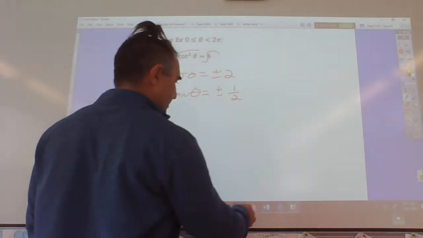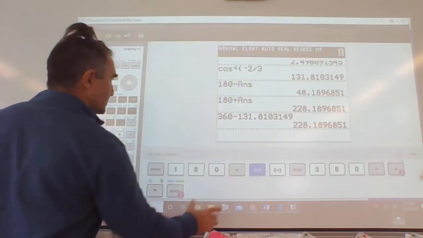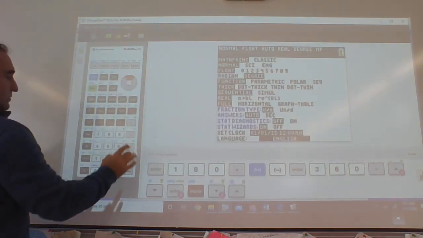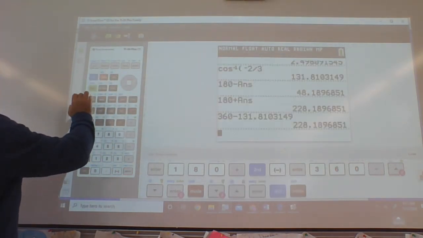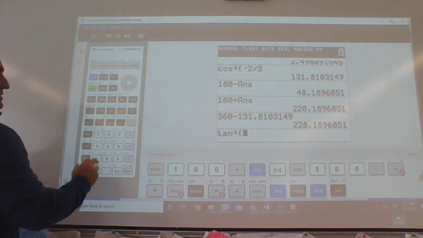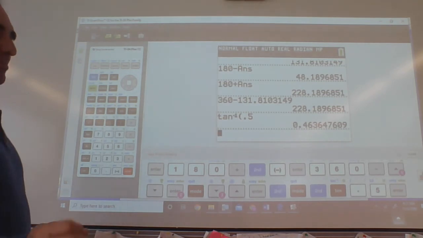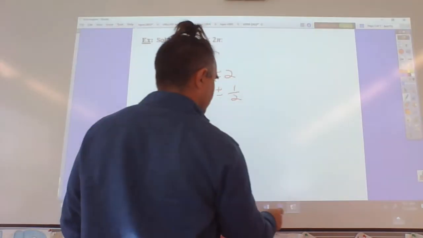And now that I have this, and back in radians, annoying, but it's the life we chose. Now the inverse tangent of 1/2. All right, so we get 0.4636.